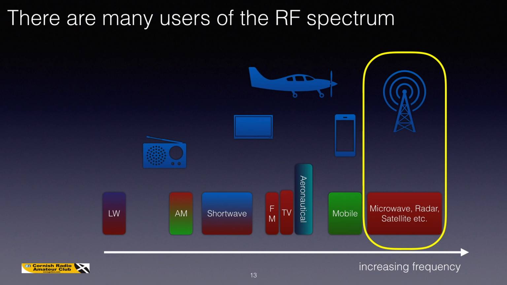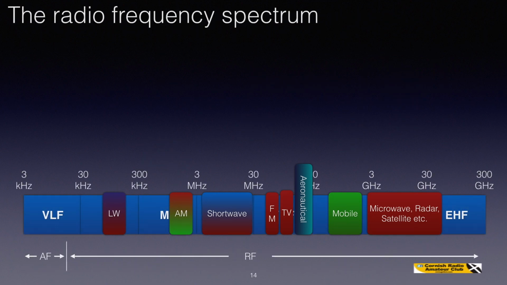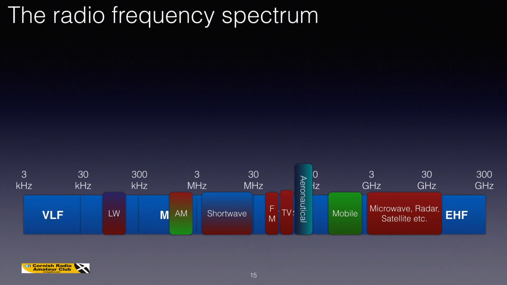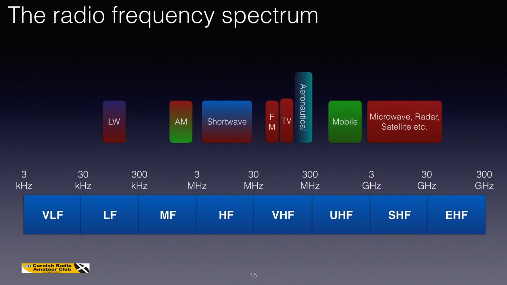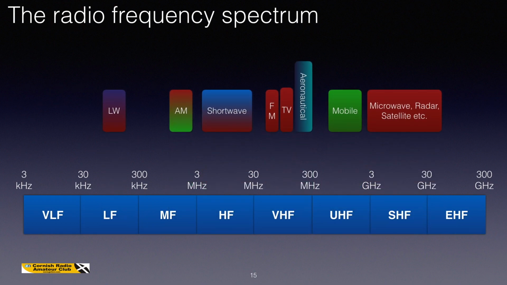So many users of the RF spectrum, and if we were to map them over the overall spectrum, they would look something like that, occupying chunks of spectrum. Now the bar on the bottom, these are the ITU designations. Don't worry, you don't need to learn all of these, from the very low frequency to the extremely high frequency.